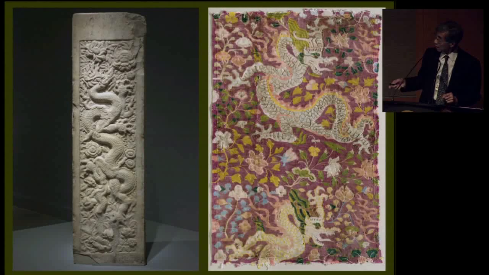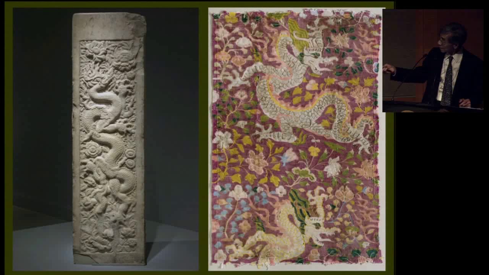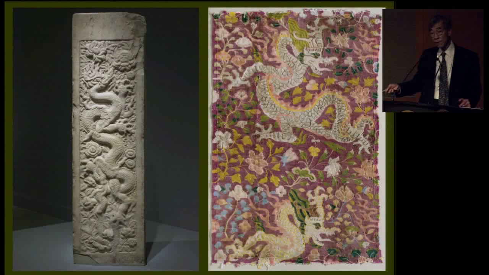And now in the last room of the exhibition, you will see a Central Asian textile, a Central Asian tapestry, which has exactly the same dragon, with this long snout, which comes from actually India, from the makara, and then also the same way the tail is treated, and also on the floral ground.